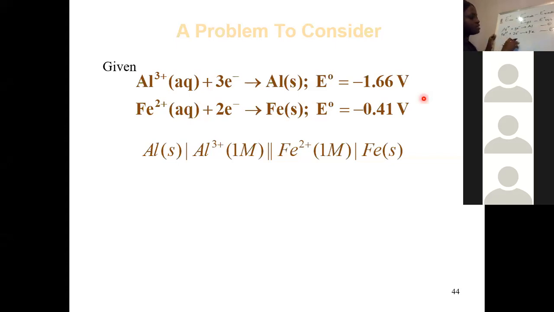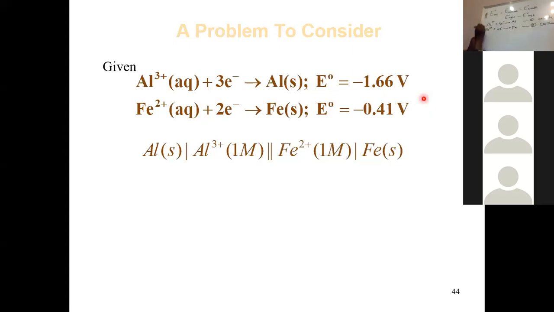And we say that your aluminum is the anode, right? And this is the cathode. Let me move my laptop so you can see the end of the board. We want to use this formula and also make sure that this equation is balanced. We want to get the final redox equation for these two half cells.